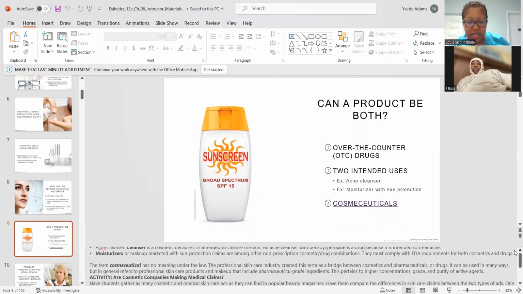Yes. This is an example, well, not this picture, but acne cleanser, for example. Cleanser is a cosmetic because it is intended to cleanse the skin, which affects the appearance of the skin. But an acne cleanser with benzoyl peroxide is a drug because the benzoyl peroxide is an ingredient that treats acne.